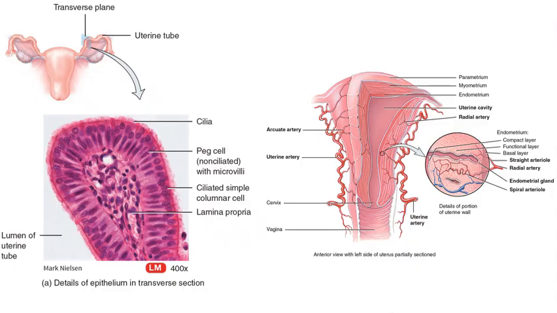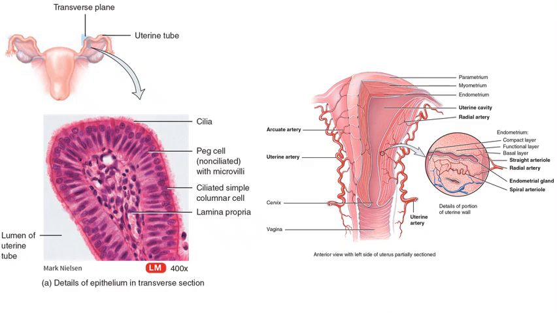Lastly, the inner layer of the uterus is the mucosa. This is highly vascularized and is referred to as the endometrium, and it has three sublayers: the compact layer, the functional layer, and the basal layer. The compact layer is the most superficial layer and is composed of ciliated simple columnar epithelium and non-ciliated secretory cells, and it makes a very thick endometrial stroma.